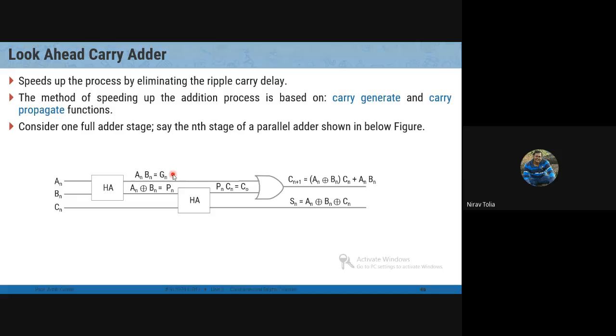If you remember, the carry is derived by the AND gate, and the sum is derived by the exclusive OR gate. So this is the symbol of exclusive OR, and this is the symbol of AND gate. So this is A and B, and this is GN, which is the carry generated.